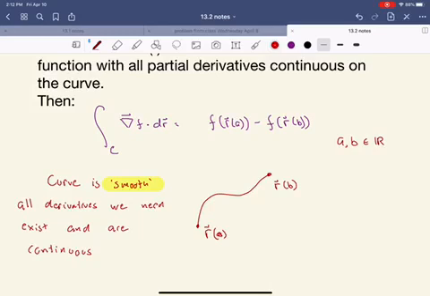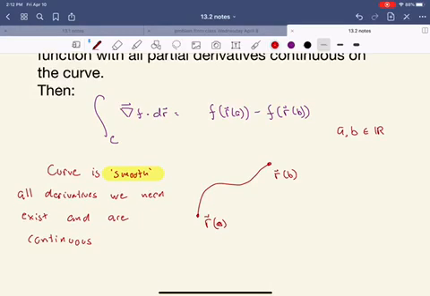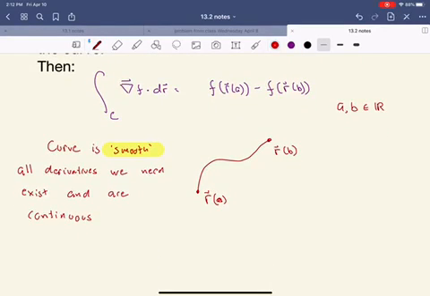Now, let's take a look real quick at what this expression looks like. The integral over C of the gradient of f dotted with dr actually looks like the integral from a to b. Okay, so a to b are supposed to be sort of times.